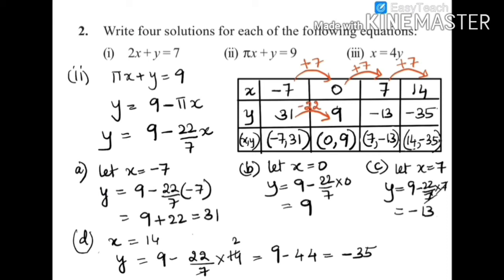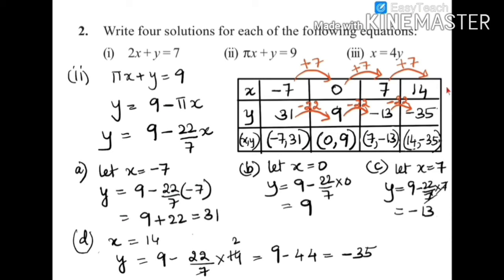This means you are subtracting 22 from 31 to get 9. Similarly, you subtract 22 from 9 to get minus 13, and 22 is subtracted from minus 13 to get minus 35. So as the value of x increases by 7, the value of y decreases by 22.